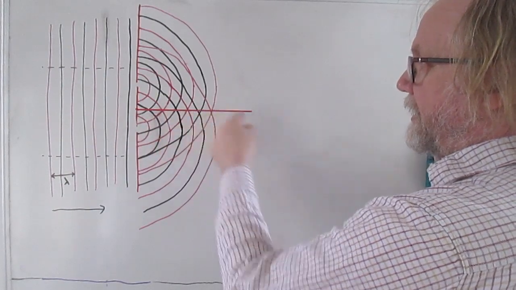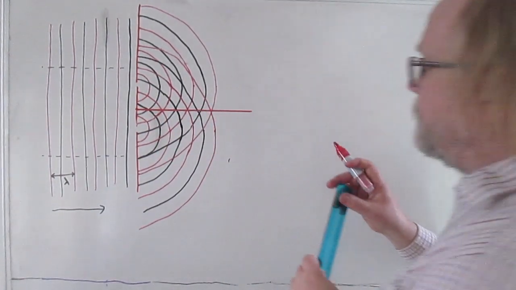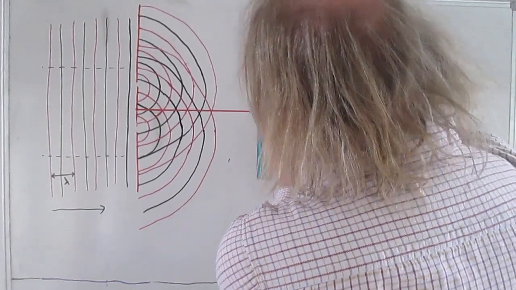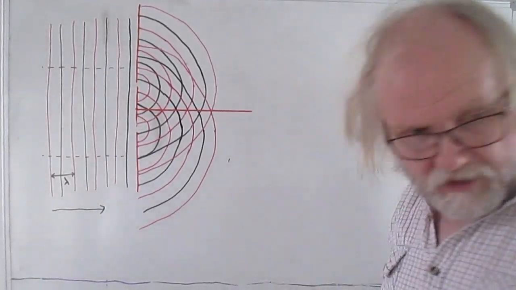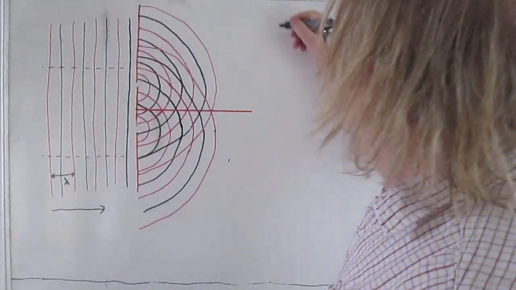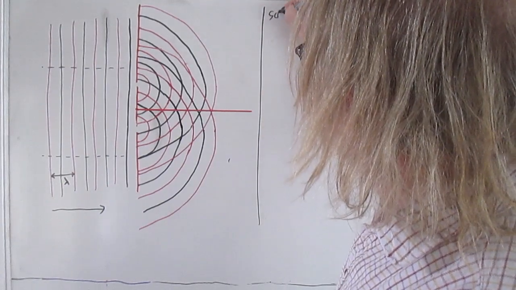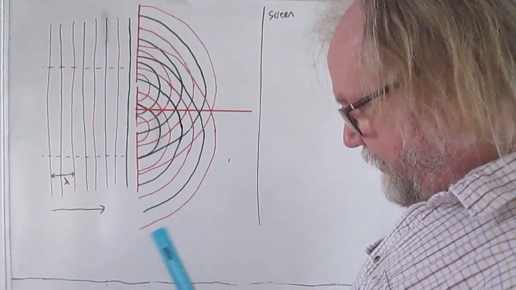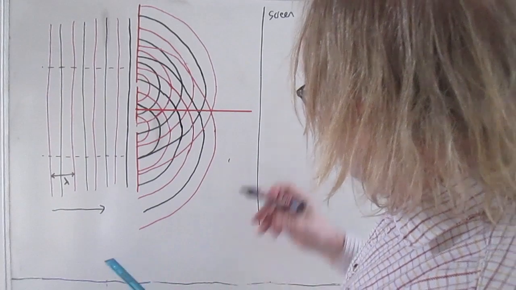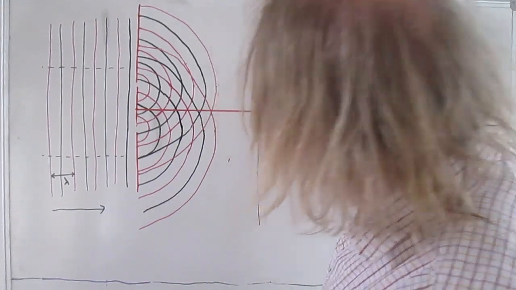So along that line you always get constructive interference, and that means that if we put a screen over here somewhere, then along that line the light arriving there will have a big amplitude.